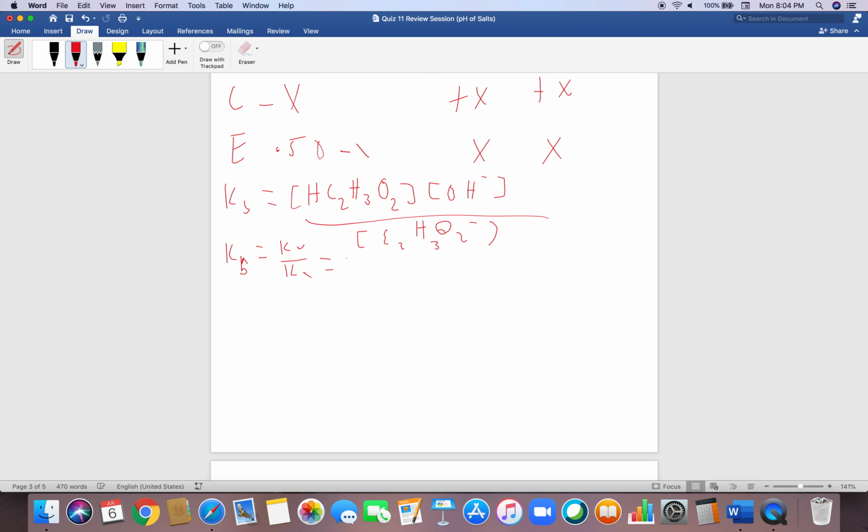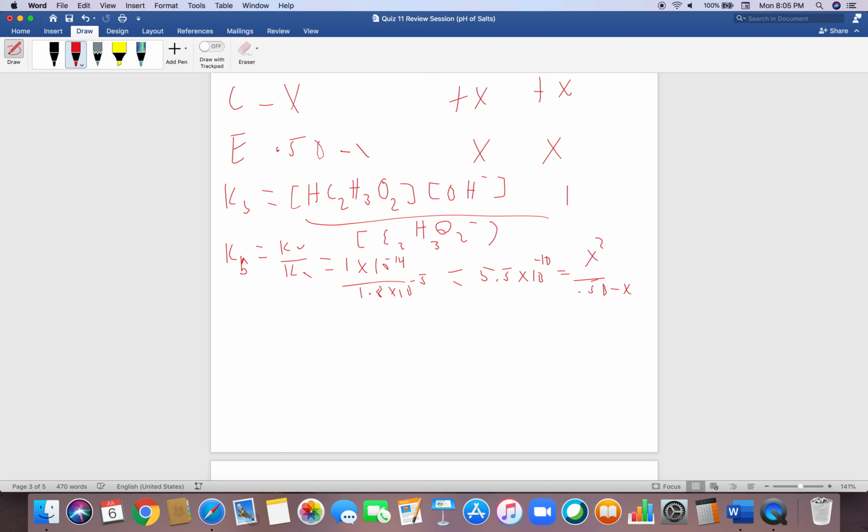So that's going to equal 1 times 10 to the negative 14th divided by the Ka, which is 1.8 times 10 to the negative 5th. So we get our Kb to be 5.5 times 10 to the negative 10th, and now algebraically this equals x squared over 0.5 minus x.